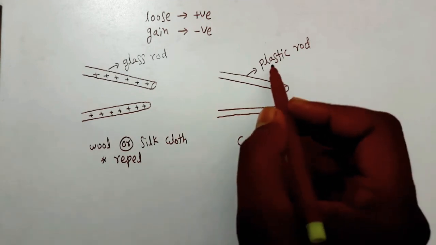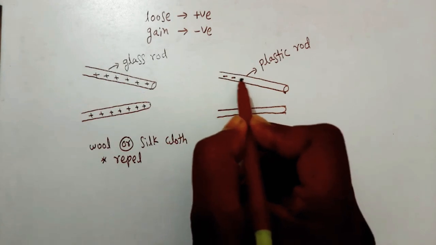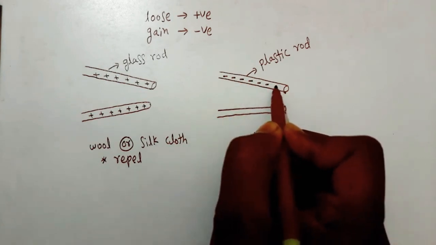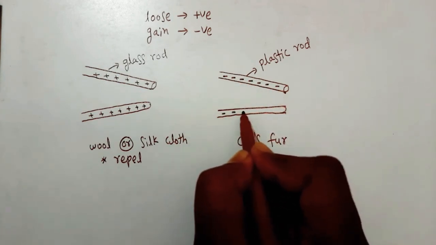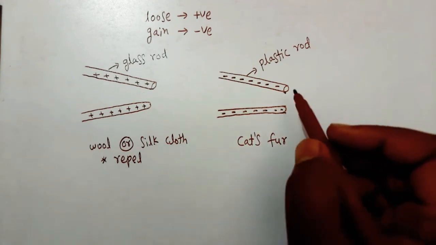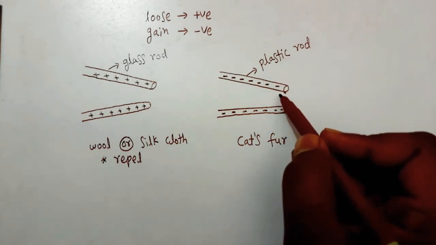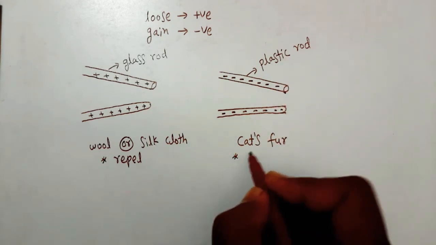That is, on the plastic rod, negative charge is distributed. If you bring two plastic rods close to each other, they repel.